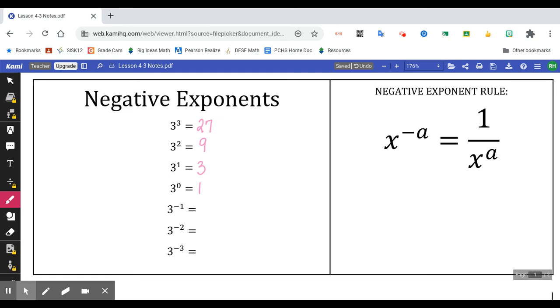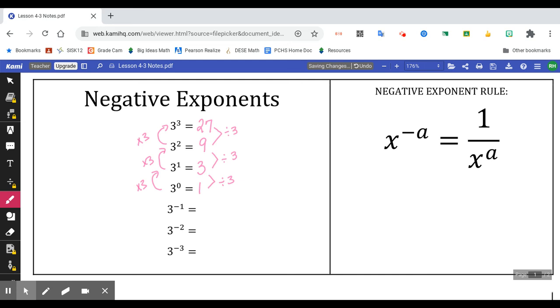So as you start to look at what's happening here, these are all dividing by 3 as we go down the line. Because each one, if you go up the line, is times 3, right? This one would be times 3 again. This one would be times 3 again to get the answers. So as you go up, they multiply by 3, which means to come back down, we have to do the opposite, which is divide by 3.